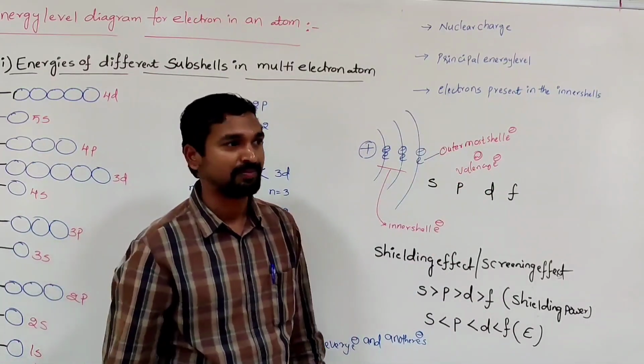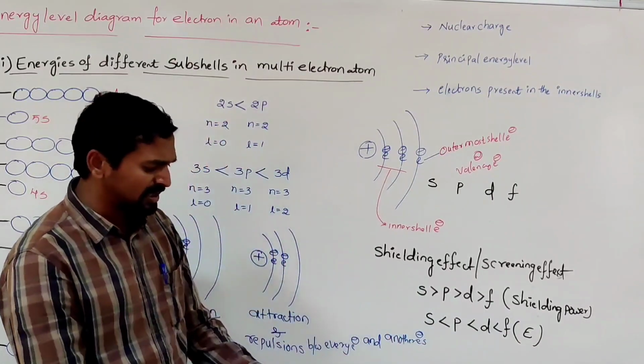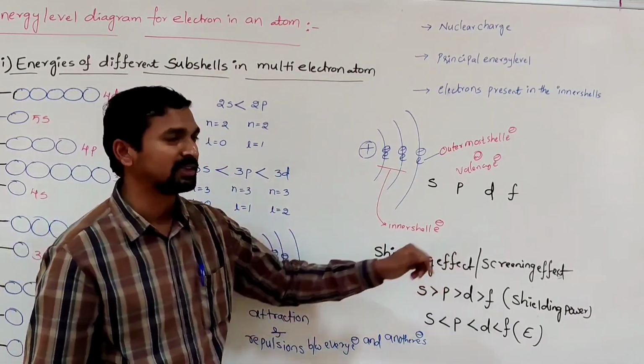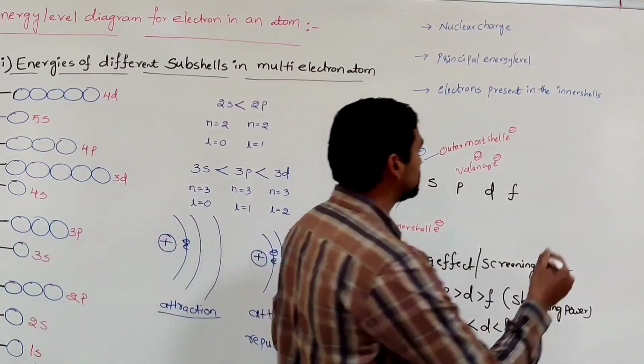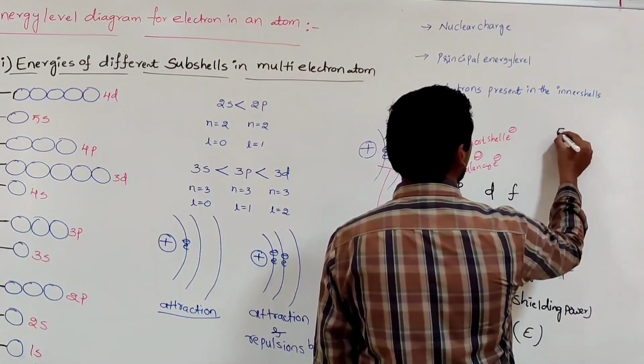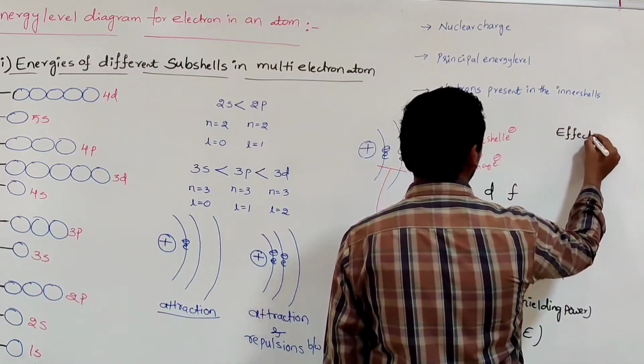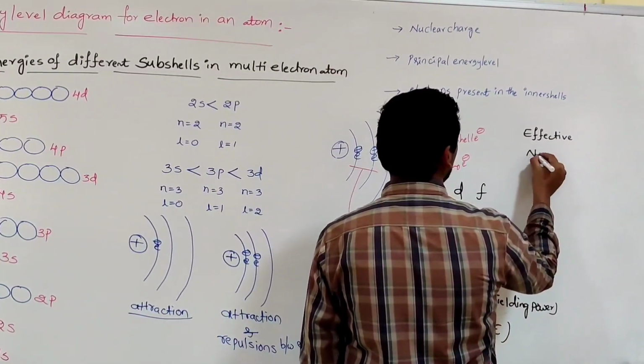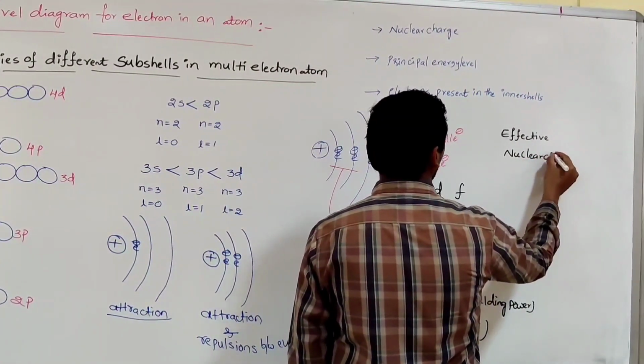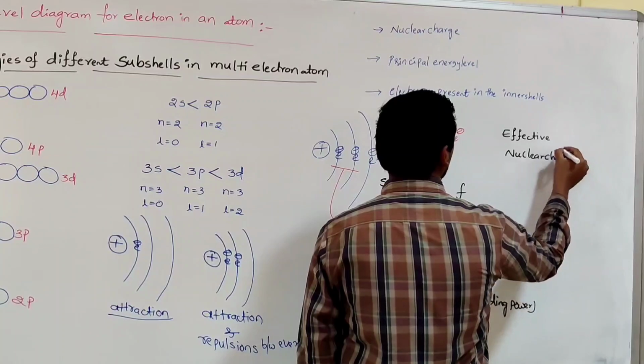So, here one more important point that is commonly discussed along with this shielding effect or screening effect is what we commonly hear, that is effective nuclear charge. So, what do you mean by the effective nuclear charge?